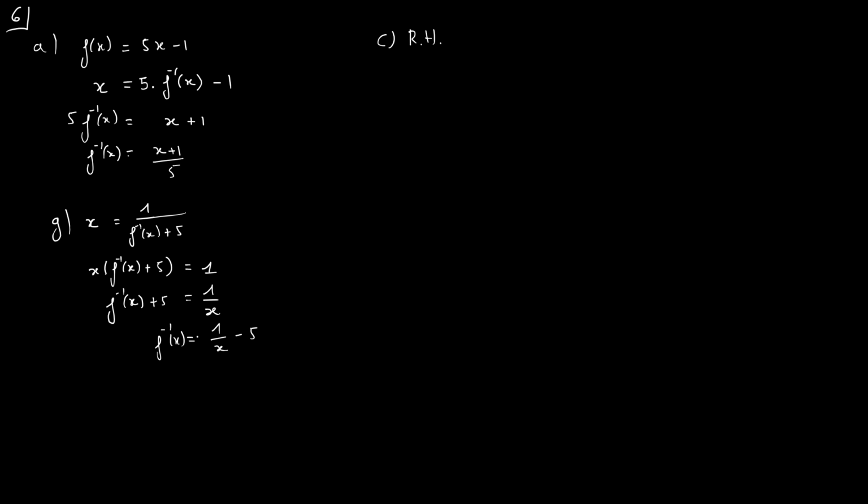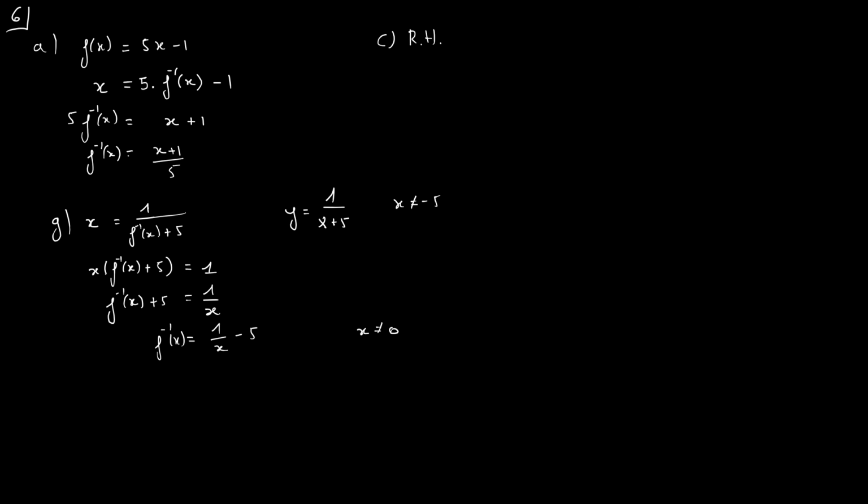And here you might already consider this a little bit different, right? Because here x was not allowed to be negative 5. In our original function, which was y is equal to 1 over (x plus 5), x cannot be equal to negative 5, because otherwise we're dividing by 0. And in this case, x cannot be equal to 0.